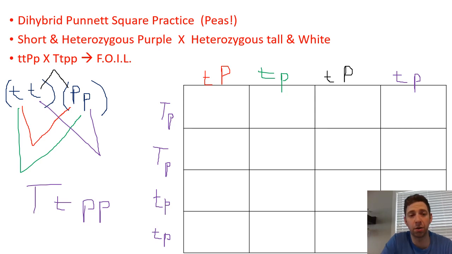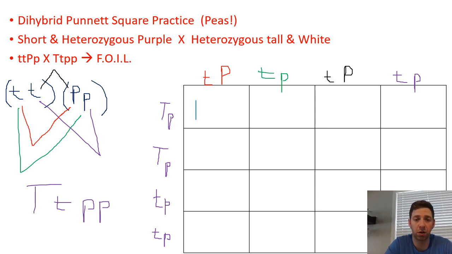Okay, next comes the tedious part of all this, where we need to fill out our squares. So what I would do is fill out one set of alleles at a time.